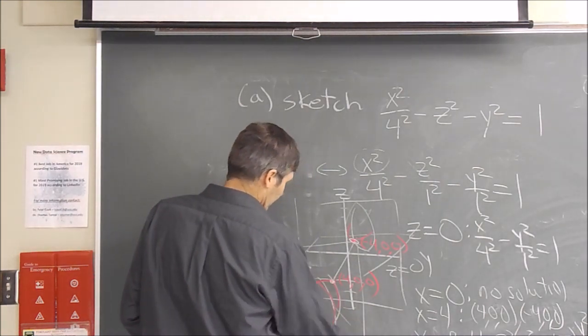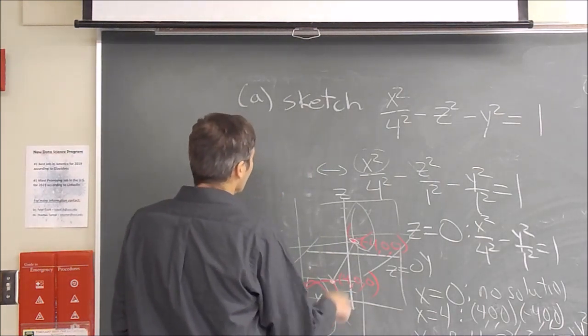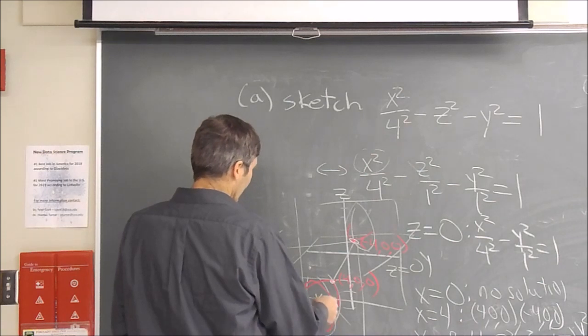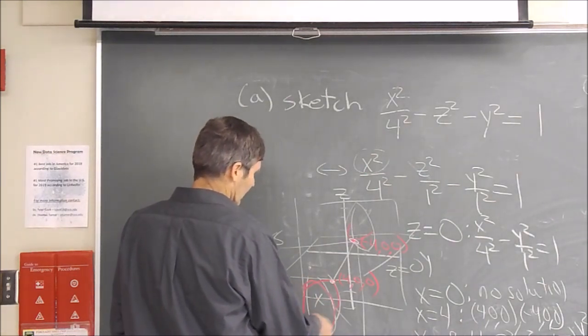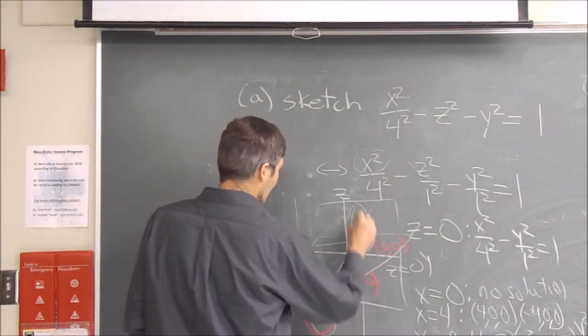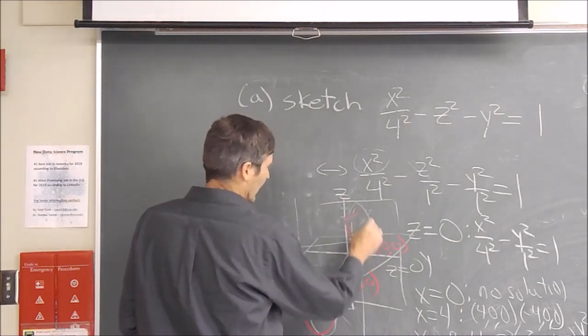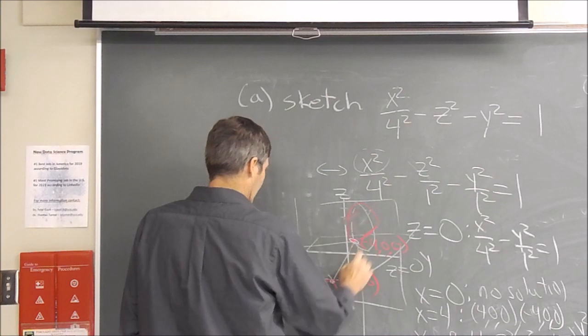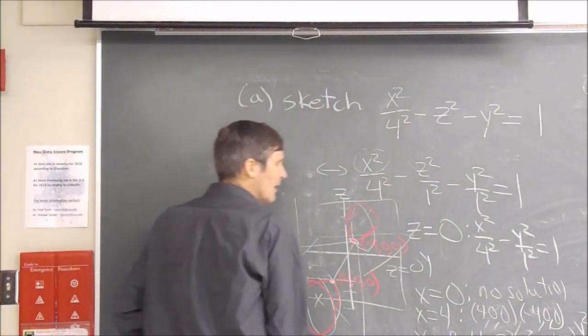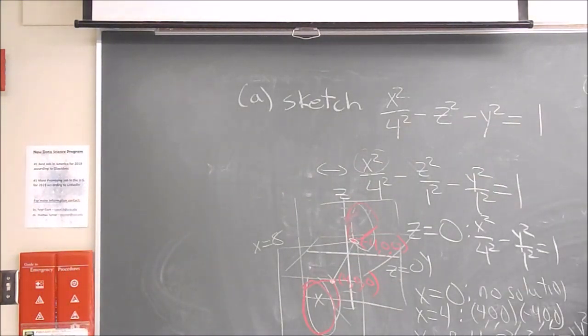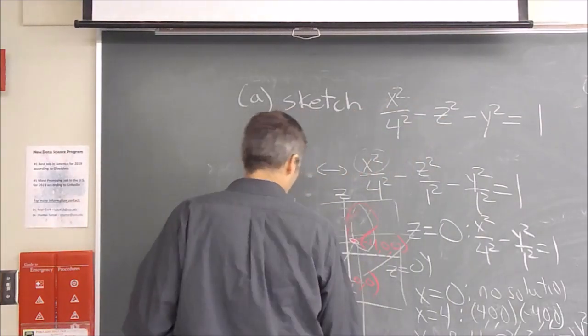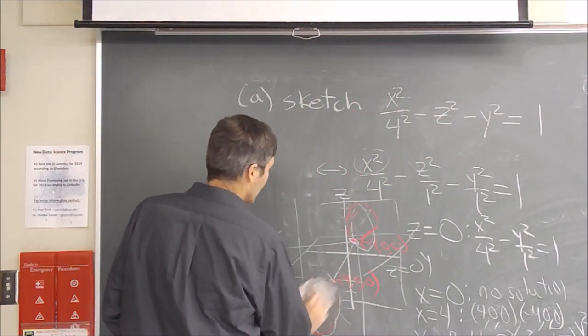So the hyperboloid of two sheets generally has elliptic cross-sections. In this case, it'll have circular cross-sections. So we start to draw that, hyperbolas in the xy plane, and then circles out here, and we get a picture sort of like this. I'm going to get a lighter colored chalk here. Let's try this one more time.